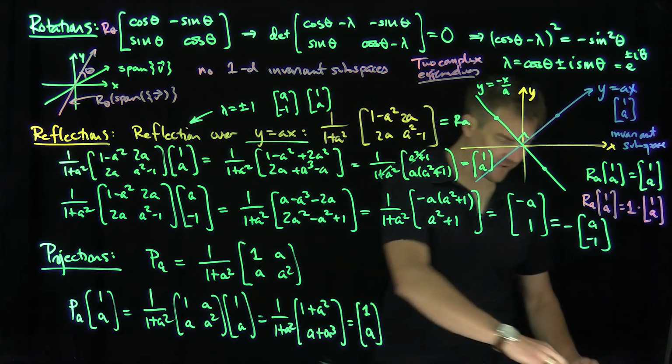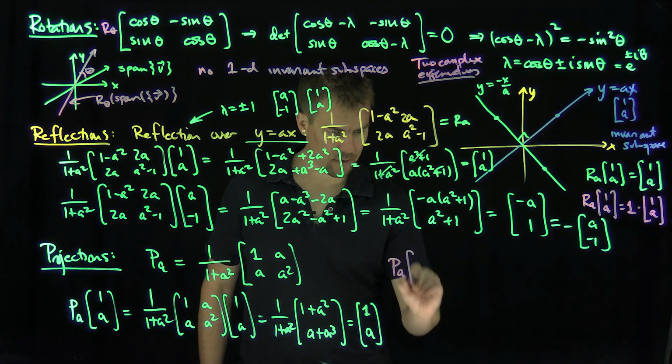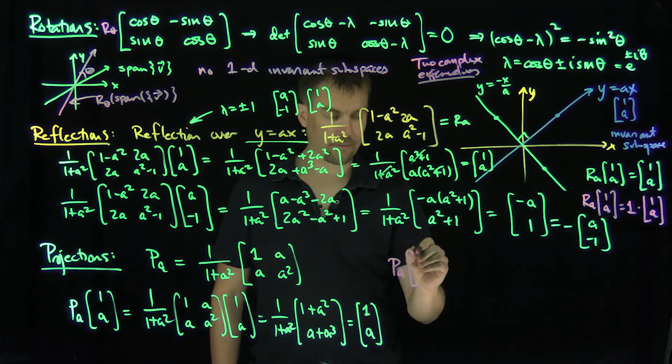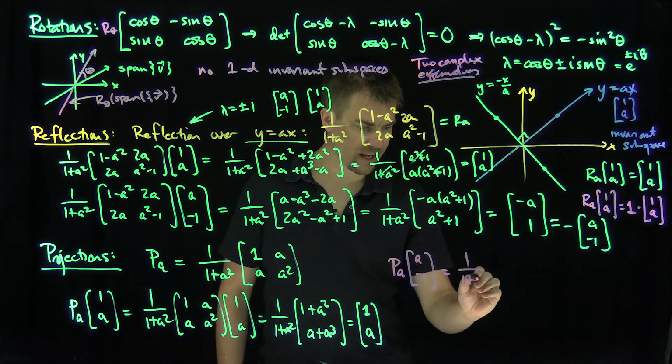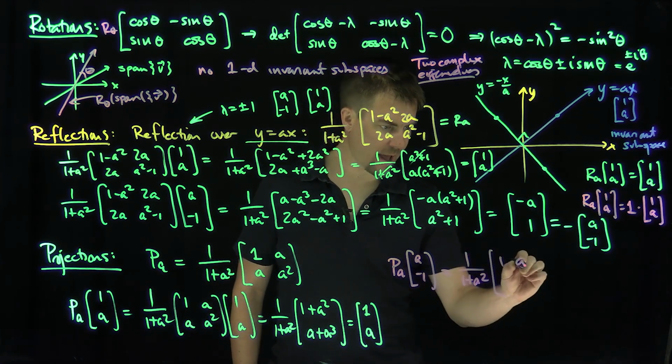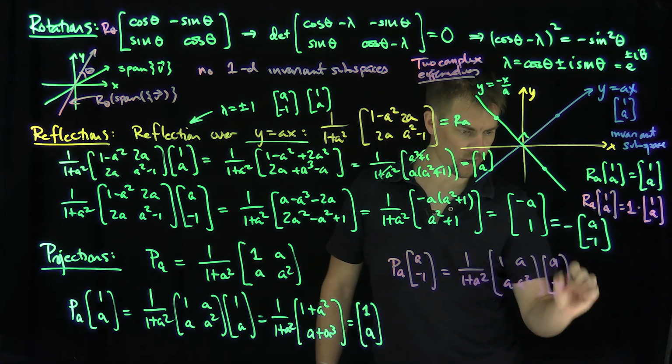And then similarly, what happens if I plug in the perpendicular direction to the projection? If I look at PA of a negative 1, it will be 1 over 1 plus a squared, and then 1a squared applied to a negative 1.